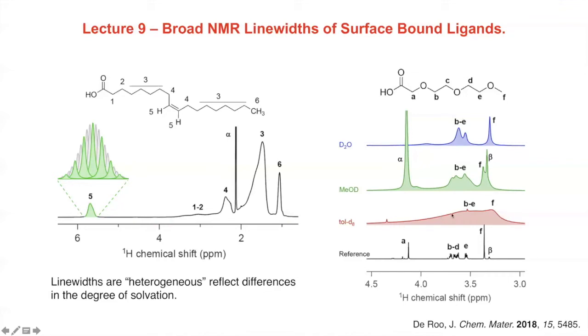Down here in the toluene D8 case, you see a really broad range of solvent environments for these ligands, for all these hydrogens, whereas in water, the penetration is more or less uniform, and the peak widths are much narrower. Nothing like the small molecule not bound to the particle, but in any case, clearly dependent on the solvation environment demonstrated in this type of an experiment.